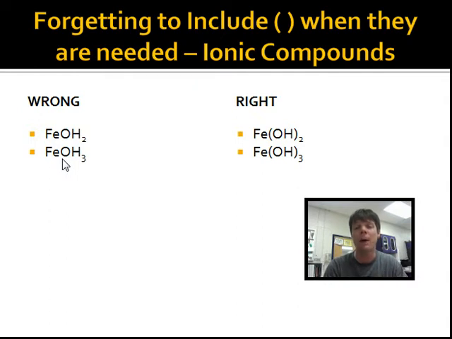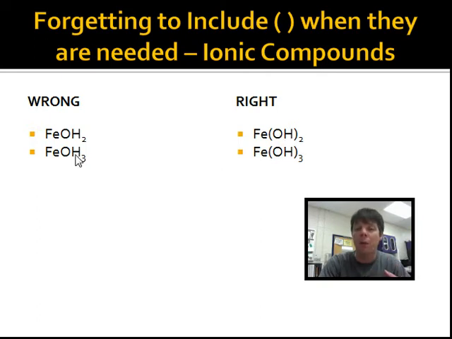Electrically neutral compounds have no charge. So very often students will write this like this. This doesn't mean that you have 2 hydroxide ions. It actually means that you have 1 iron, 1 oxygen, and 2 hydrogen. So to indicate that we have 2 hydroxide ions, we need a parentheses, which will be followed by that subscript 2. This distributes the 2 to both the hydrogen and the oxygen.